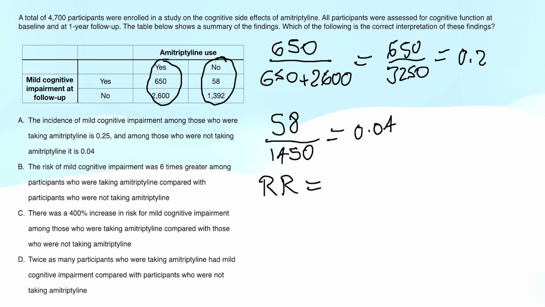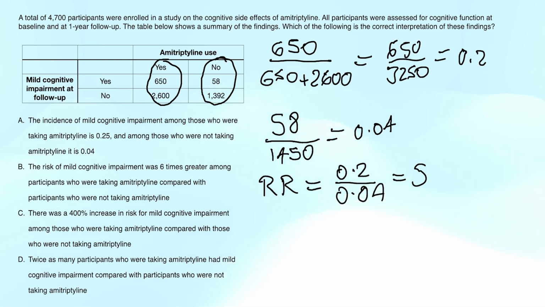Relative risk is 0.2 in the exposed group, the incidence is 0.2, or the probability of developing mild cognitive impairment was 0.2 divided by 0.04, and that would give us 5. So choice B is wrong. Let's look at choice C.